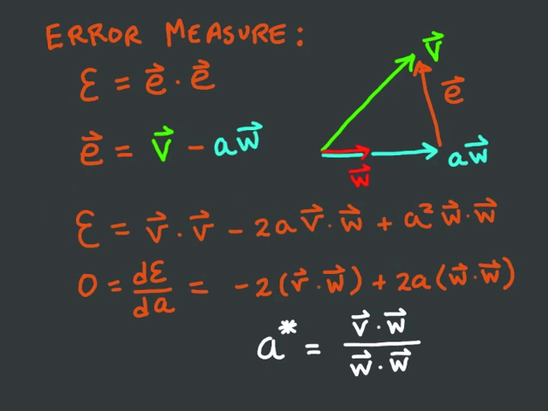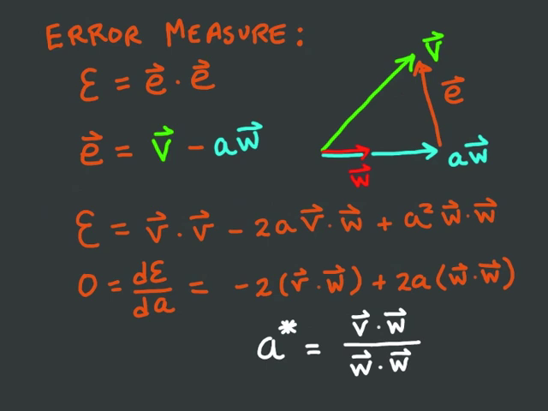So let's take the derivative of epsilon with respect to a, set it equal to 0, and then solve for the value of a star. So d epsilon/da will be equal to minus 2 v dotted with w plus 2a w dotted with w.